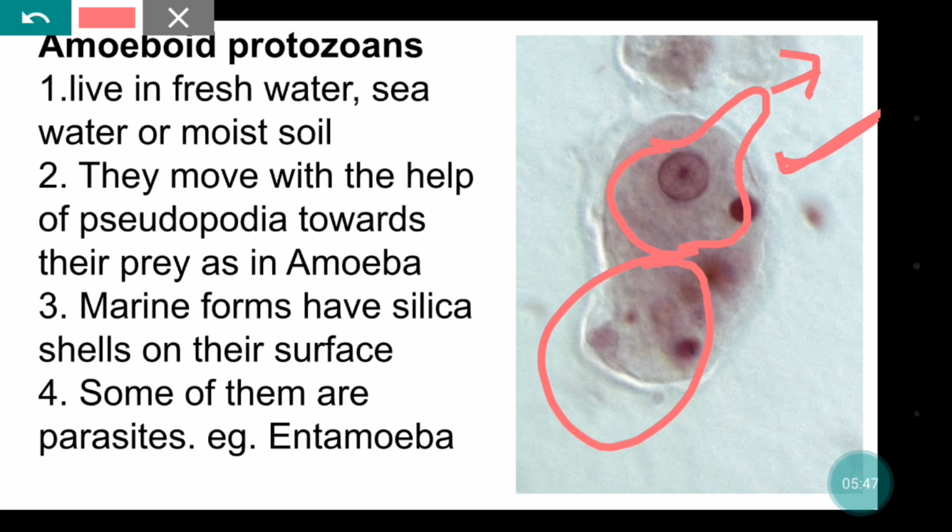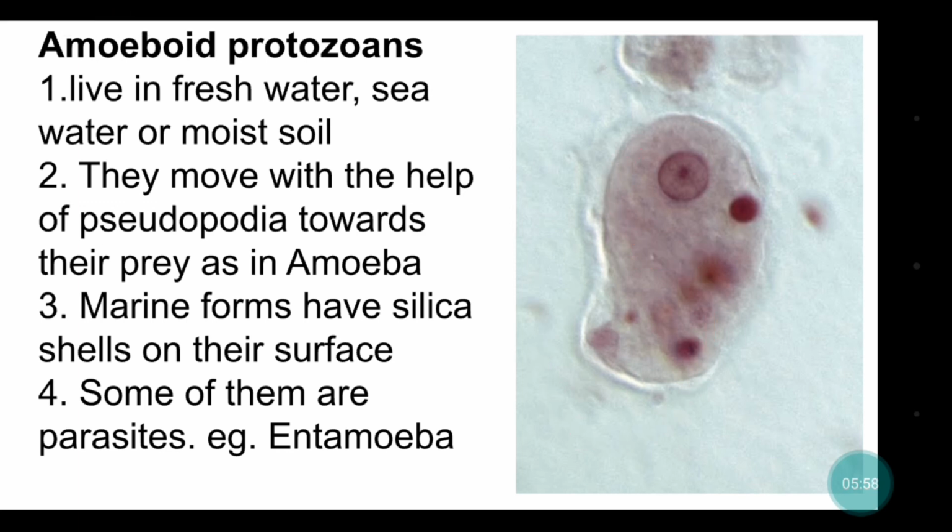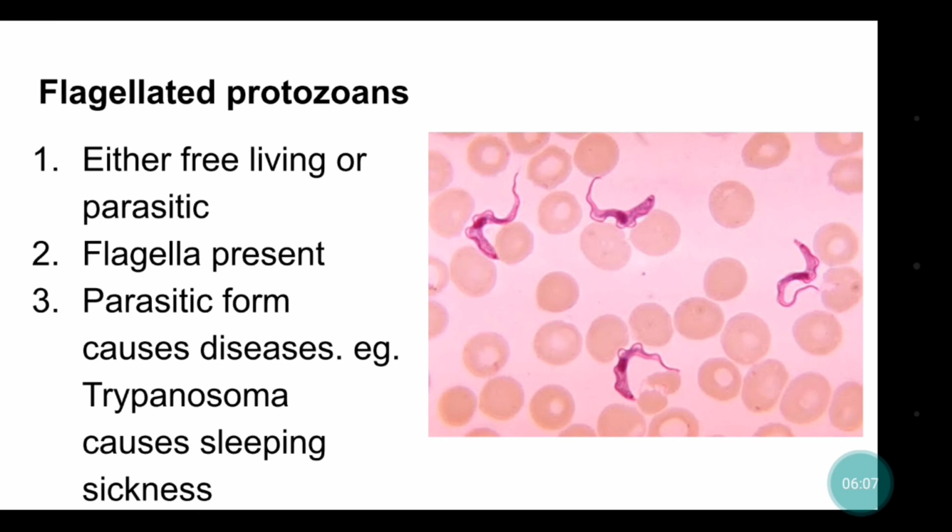Marine forms have silica shells on their surface. Some of them are parasites. These are Entamoeba. So this is the picture of Entamoeba. Entamoeba causes infections in human beings. Now the flagellated protozoans. Flagellated protozoans means they will definitely have flagella.